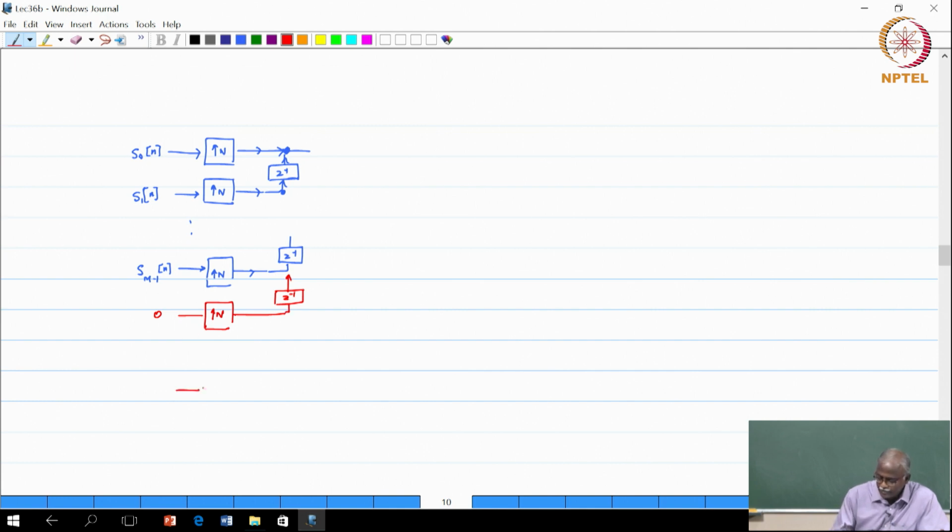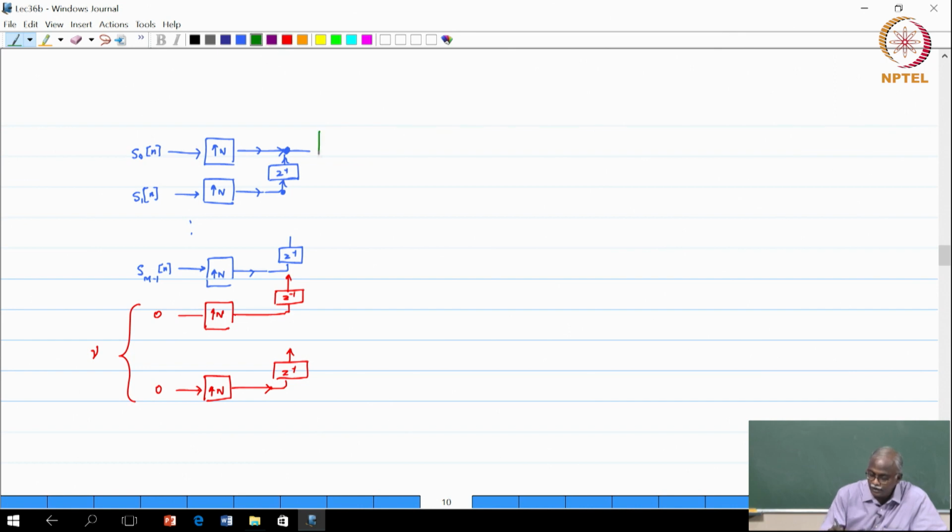So, like this there are many branches which are adding only zeros. How many of them are there? That is exactly the amount of zeros that you want to add, new branches, each of them upsampled by n, passing through a delay and getting multiplexed with the rest of the signals. So this is the representation of the signals there.